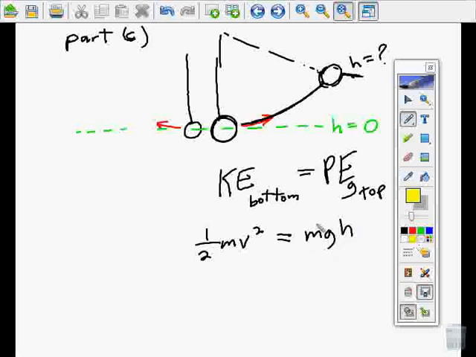And notice, even the masses cancel out here. We know how fast it's going from the last part when we did the two equations with the two unknowns. So knowing how fast it's going right after the collision, we can solve for how high it swings up. So this velocity right here is from part B.